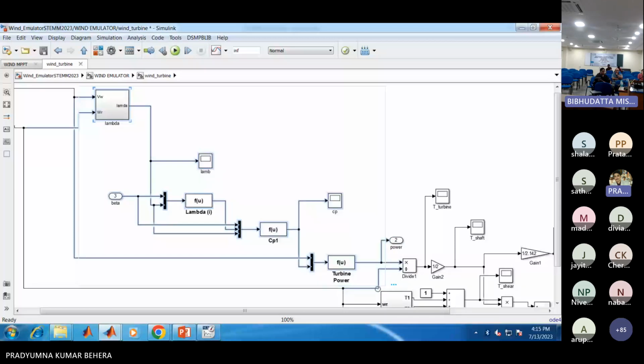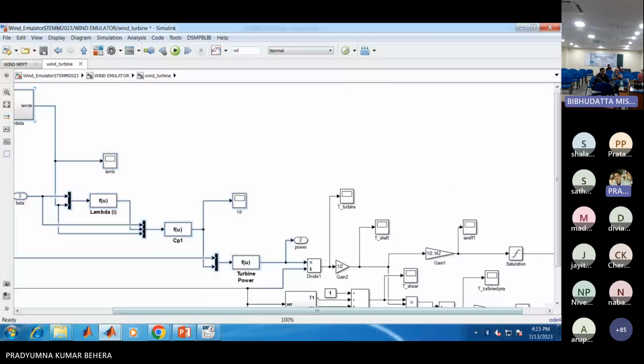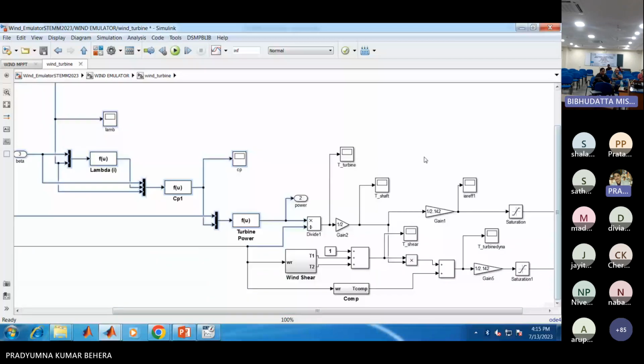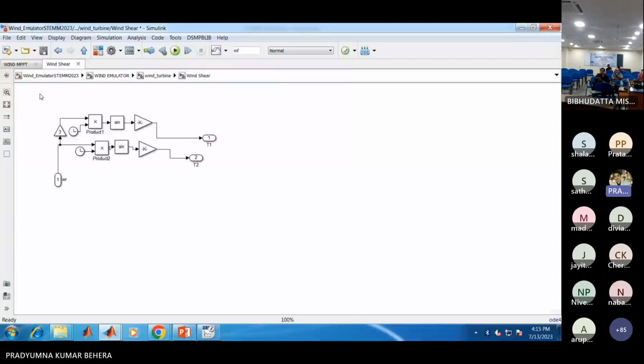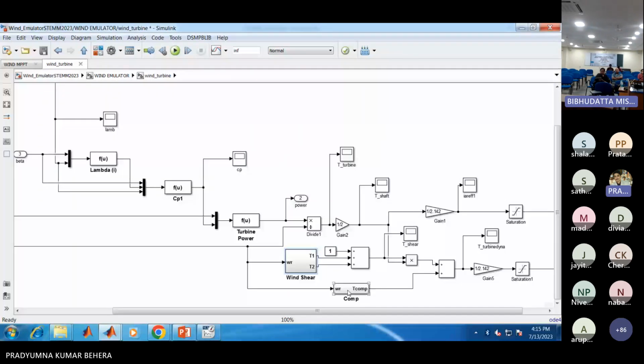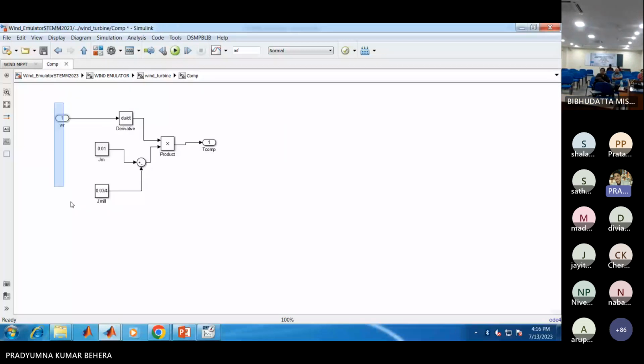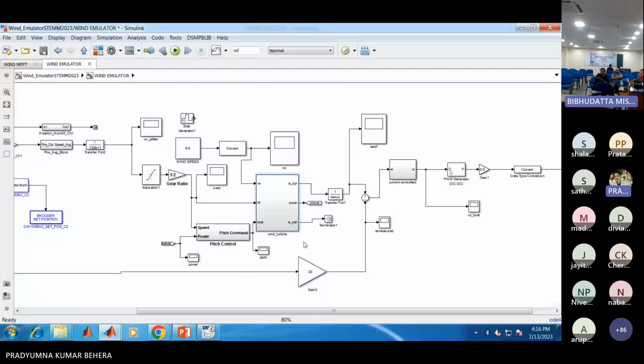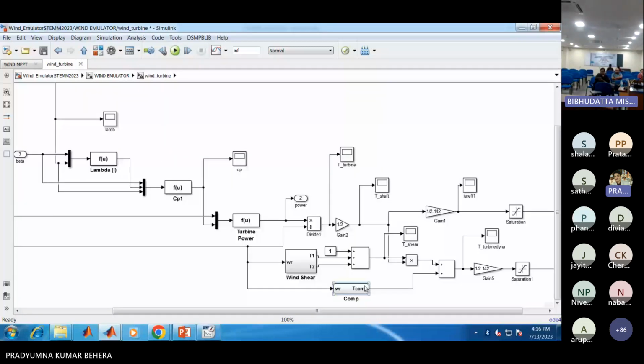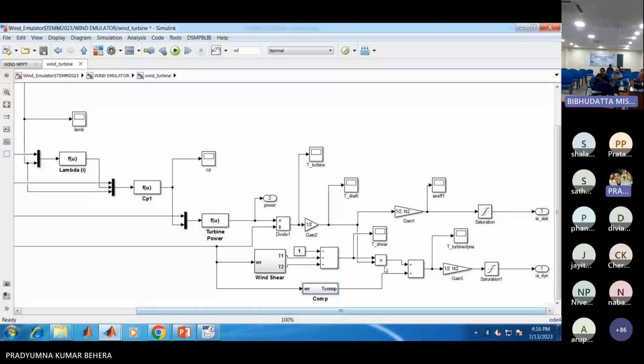Now next is inclusion of the dynamic characteristic. Here we have modeled the wind shear phenomena. In this we have modeled the compensating torque phenomena, and all these models are added to generate the reference torque.